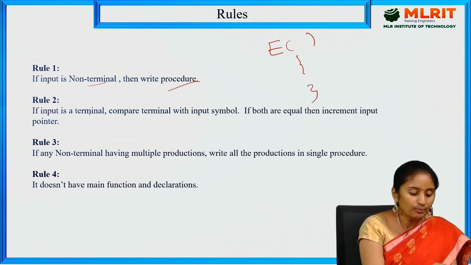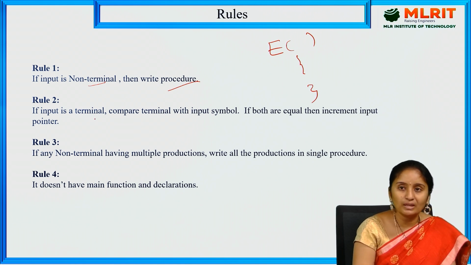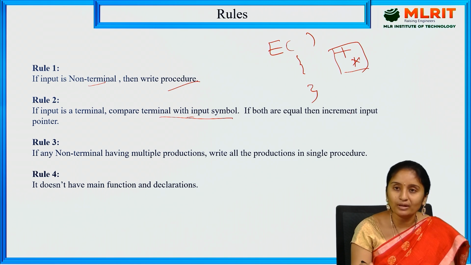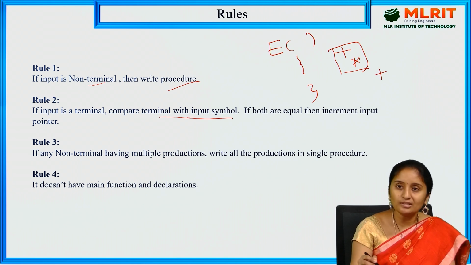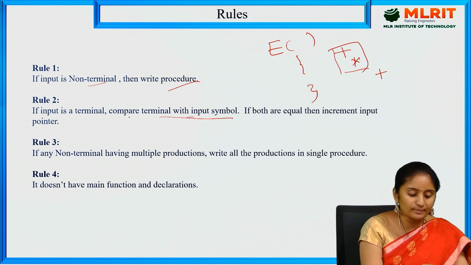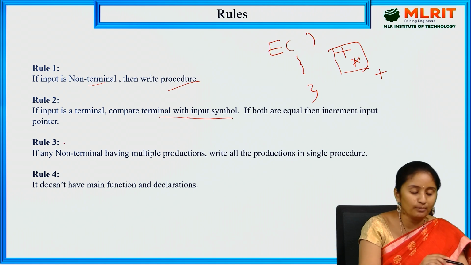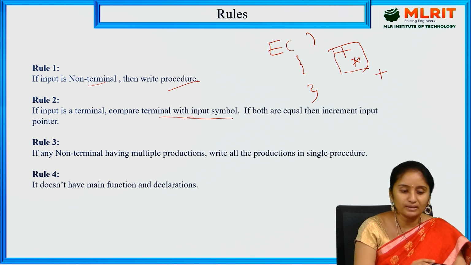Rule 2: if the input is a terminal, such as plus or multiplication, we compare the terminal with the input symbol. If both are equal, then we increment the input pointer. If it is not equal, then we move on to the next procedure.